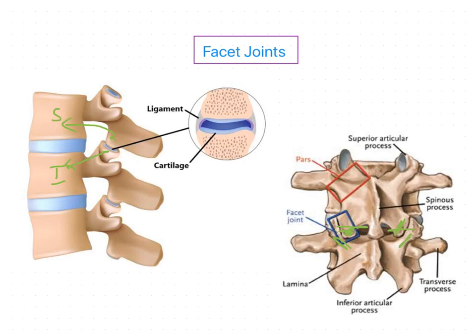For each disc space, there are two facet joints, one on the right side and one on the left side, and also a disc is present in each disc space. Such a structure is called a tripod, which creates the motion segment.